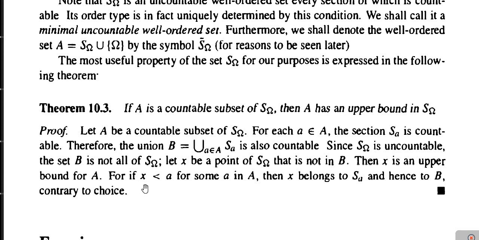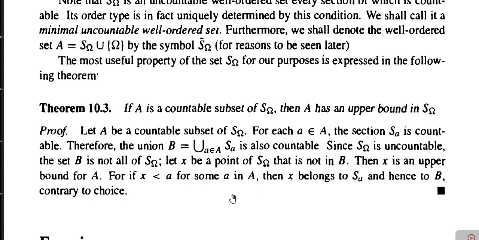If x is less than a for some a in A, then x belongs to S a, and hence also belongs to the set B, as B was the union of all the sets of the form S a, which is contrary to our choice of the element x.